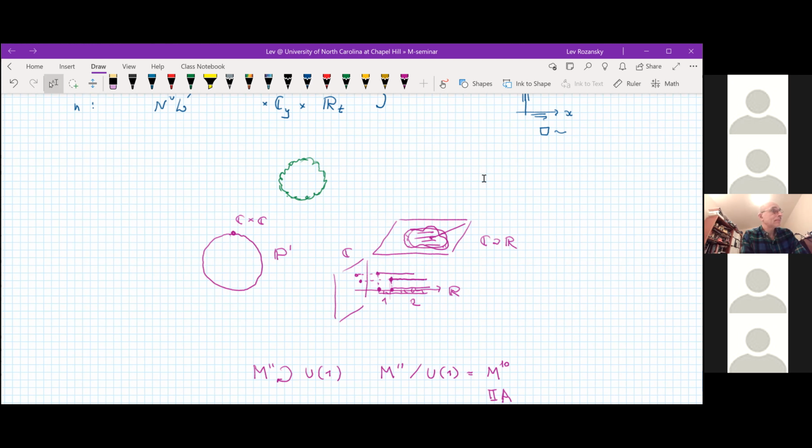You say that it rotates CP1 too, but what about the point where your C square lives? Is it also rotated? So at the North Pole, the base will be rotated and the second C will be rotated.